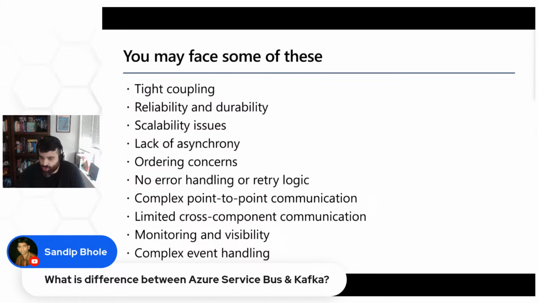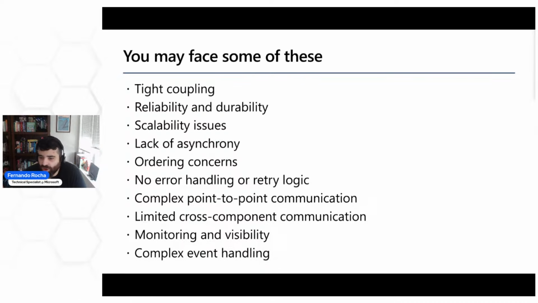Millions of events in a short period of time. Kafka would be better served in that particular case. Service Bus is more for system to system communication, right? Even though you can have multiple producers and multiple consumers, we're actually talking about system to system communication with not the same scalability that Kafka or Azure Event Hubs have, right? Hopefully this answers your question.